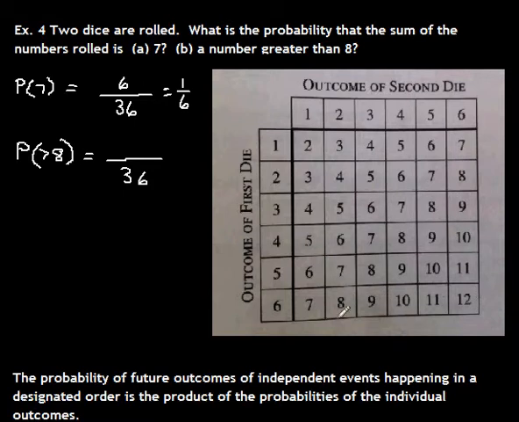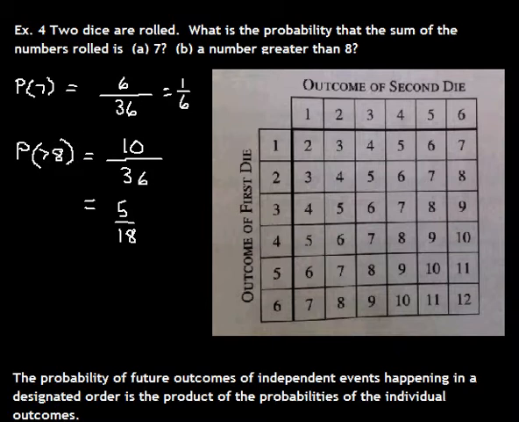So it'd be 9 and above. So there's 10 possibilities out of 36. We can reduce this, divide them both by 2, and we get 5 out of 18. So 5 times out of your 18 rolls, the probability is good of getting a sum greater than 8.